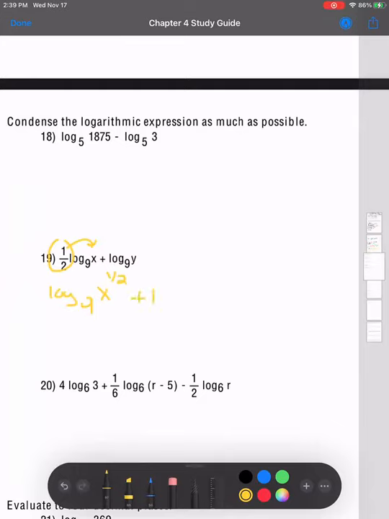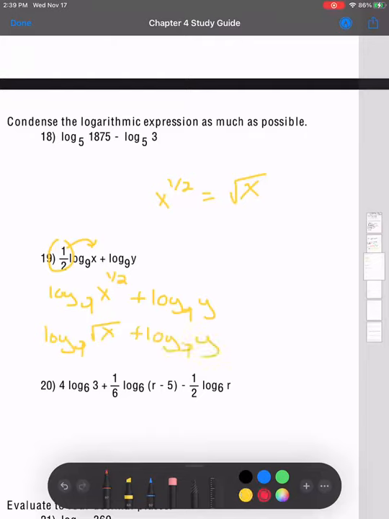So you have plus log with a base of 9 of y. And then from there, you can change the x to the 1/2. x to the 1/2 is equivalent to the square root of x. So then you can simplify it like that. So then you have log 9 of the square root of x plus log 9 of y.